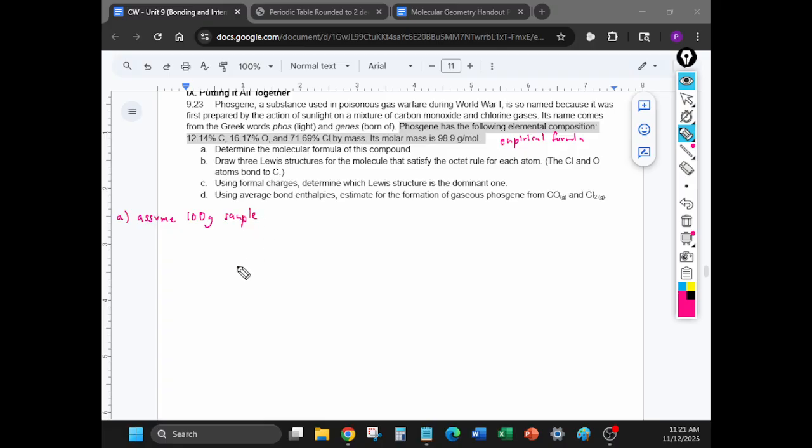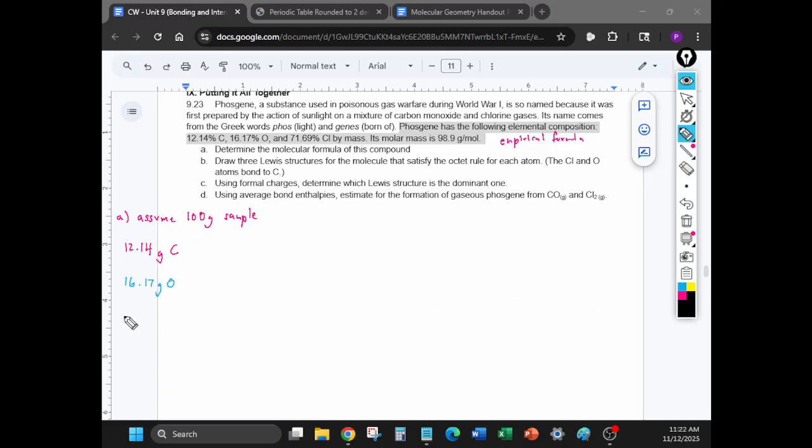Good. The reason why is because then we can easily convert the percentages to grams, right? So if it's 12.14% carbon, that means we have 12.14 grams of carbon. If it is 16.17% oxygen, we have 16.17 grams of oxygen.